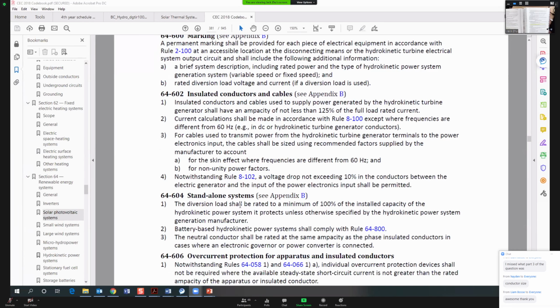Stand-alone system. The diversion load shall be rated to a minimum 100% of insulated capacity of a hydrokinetic power, because this insulated conductor for those cables in the hydrokinetic system is submerged underwater. So usually they didn't mention any temperature rating here, I think.